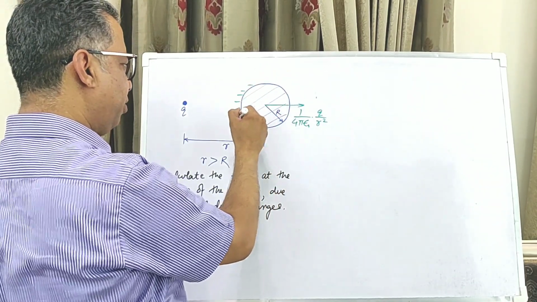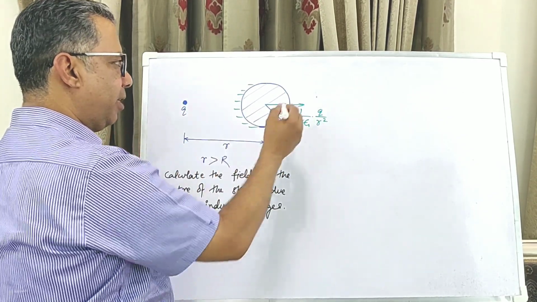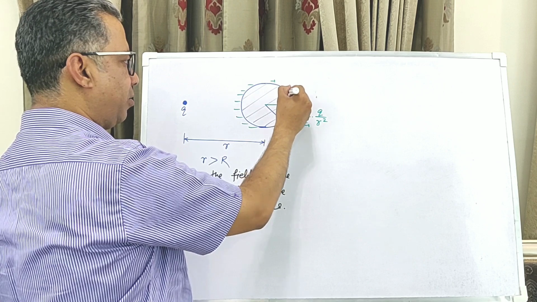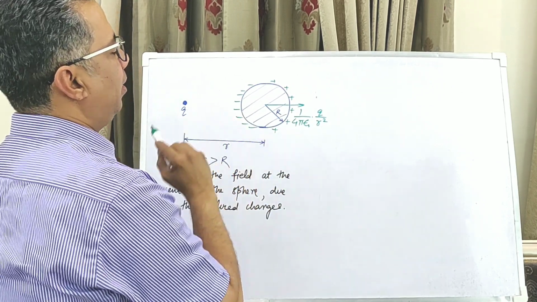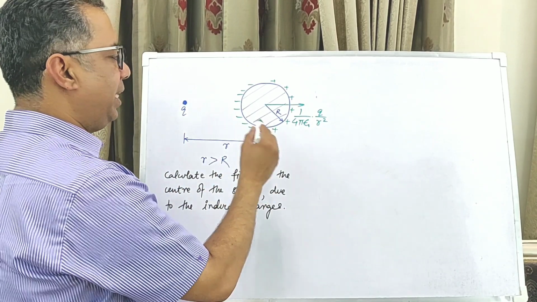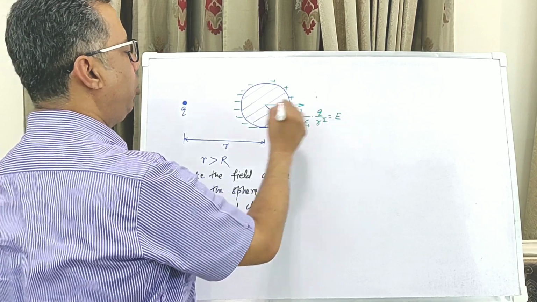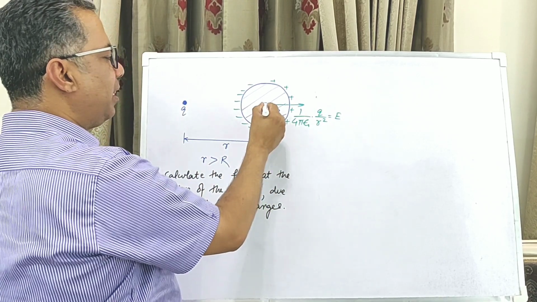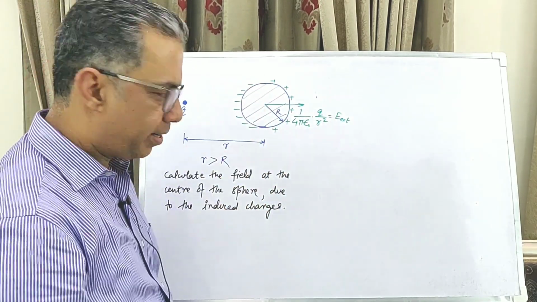We'll have some negative charge induced here, pulled in by the charge here, and some positive charge over here. Now this is the electric field due to charge Q, or you can say the external electric field at the center of this sphere.